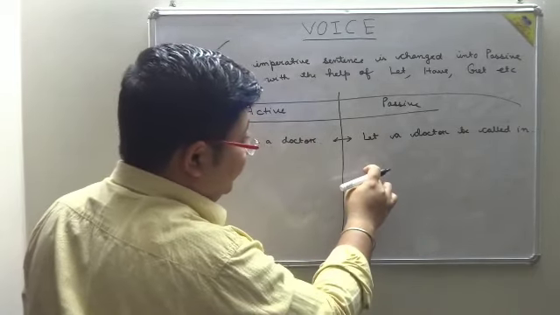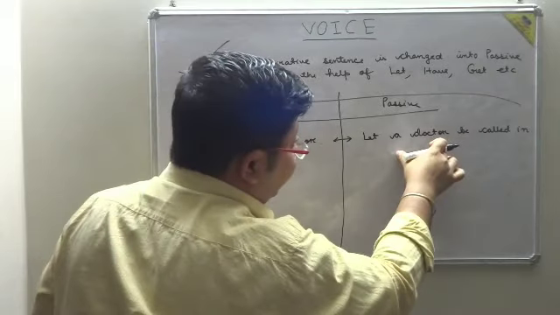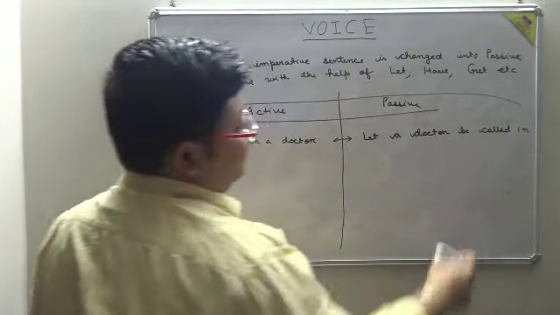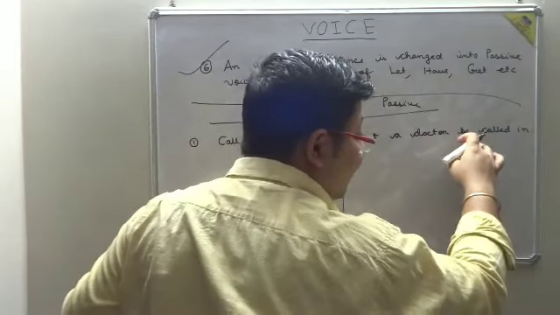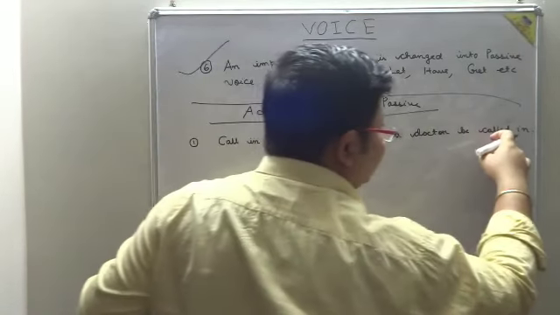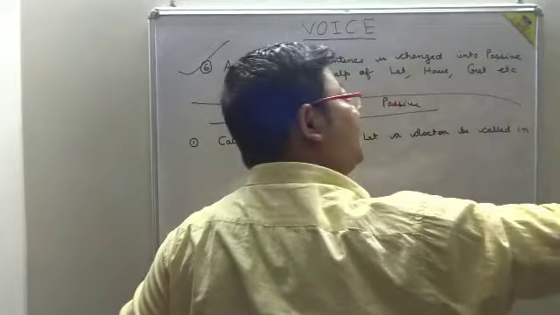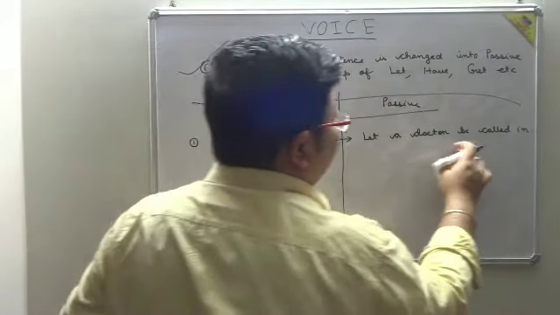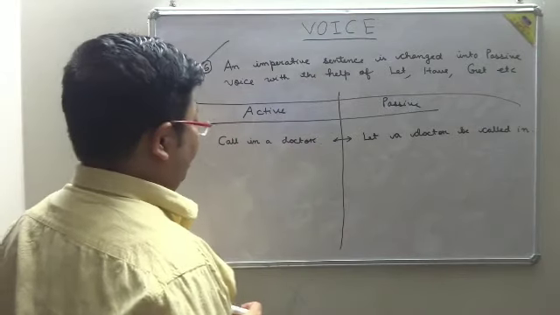Always use let here, then the object, then be will come. This is not the be verb, be will come, then the past participle form of the verb, then the remaining part of the sentence. Call in a doctor. Let a doctor be called in.